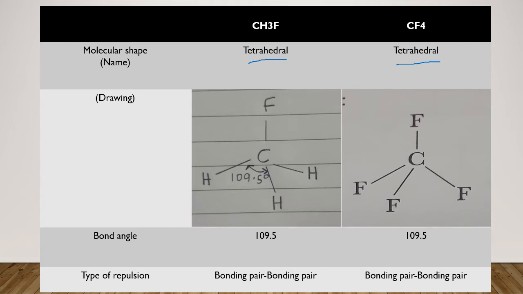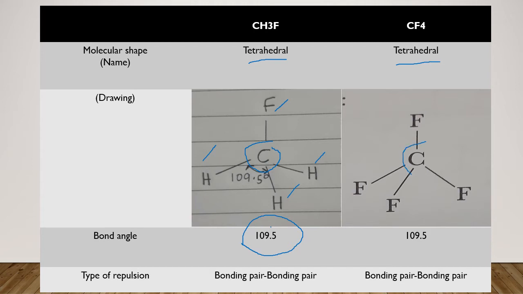And this is the drawing for fluoromethane, the carbon atom at the center, followed by the other atoms in the molecule, and you can see the bond angle between the atoms is 109.5 degrees. And this is the molecular shape for carbon tetrafluoride.